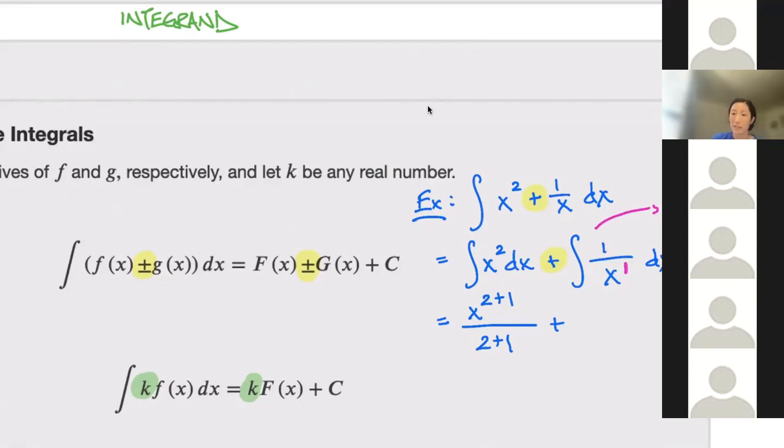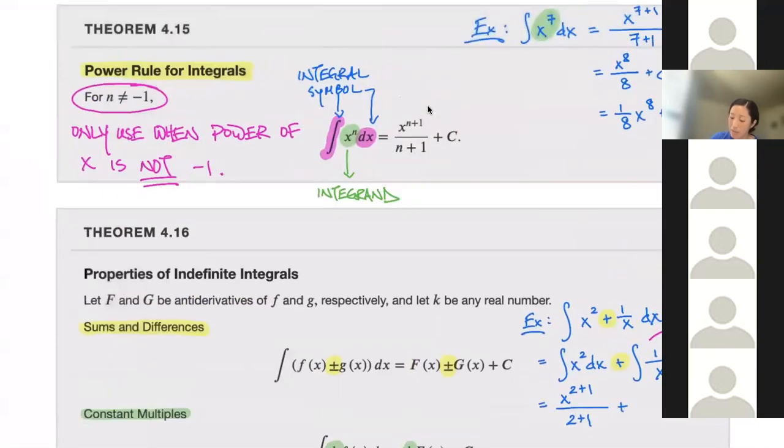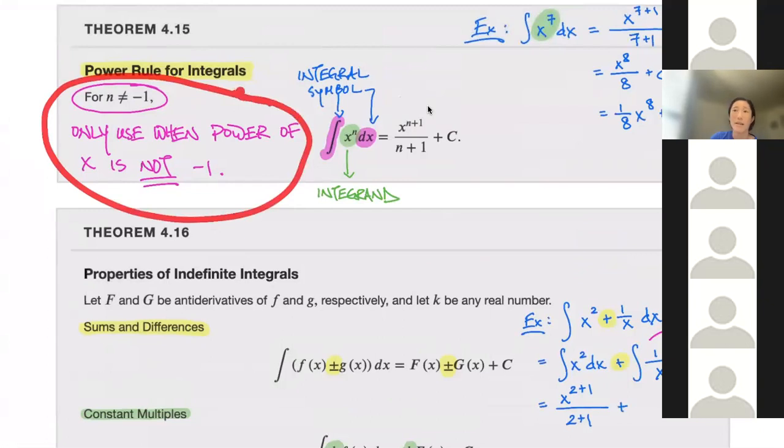I picked this one on purpose because anytime we see that that power is -1, that's the one time we cannot use the power rule.